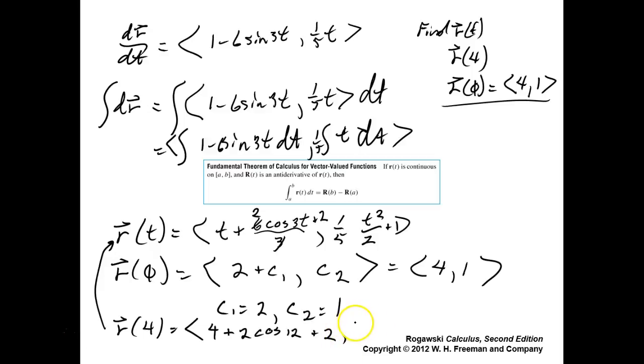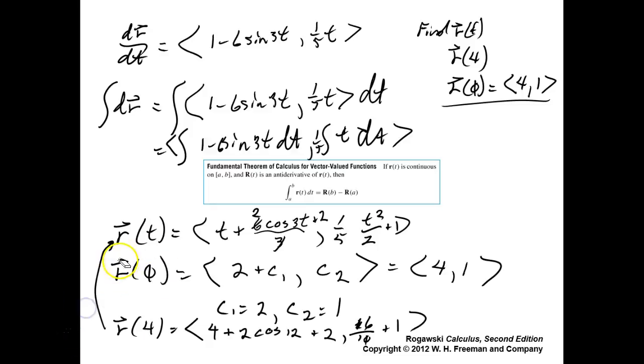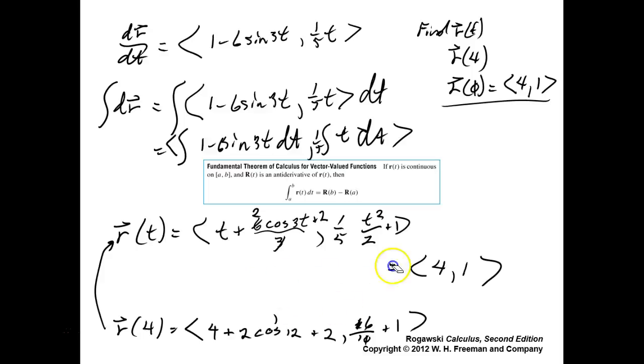Comma, 16 over 10, you buy that? Plus 1, okay? I think I'll get rid of my R of 0 here because we've already used that. We've documented it. We've written it down. I hope we know what it is, and this will give us more room to write below.